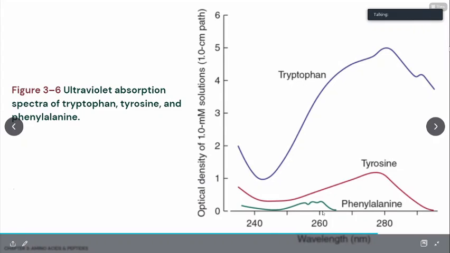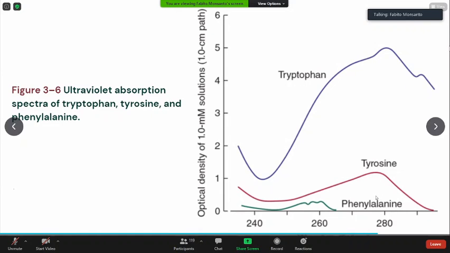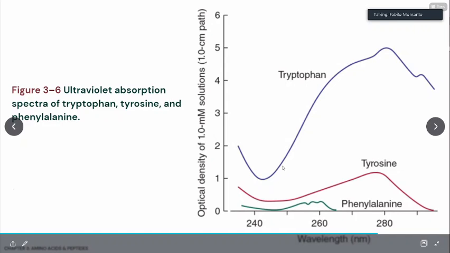Then you have tyrosine rising at a peak at 280, while tryptophan, again from 250, goes beyond 280 and drops at 290. So this is the absorption.